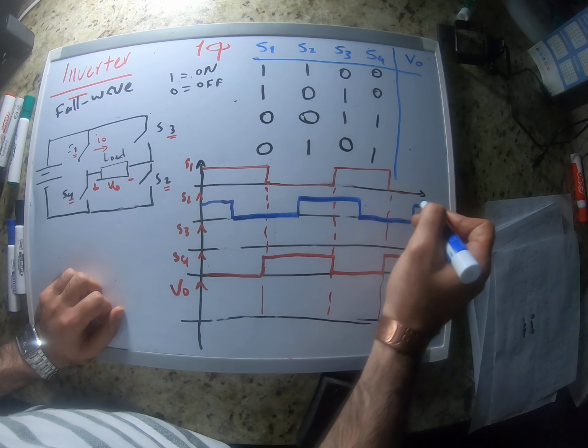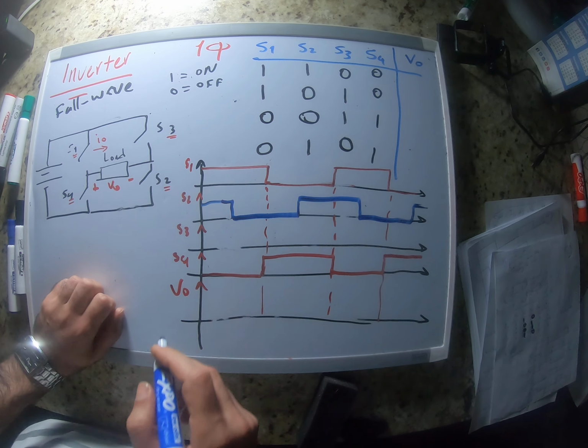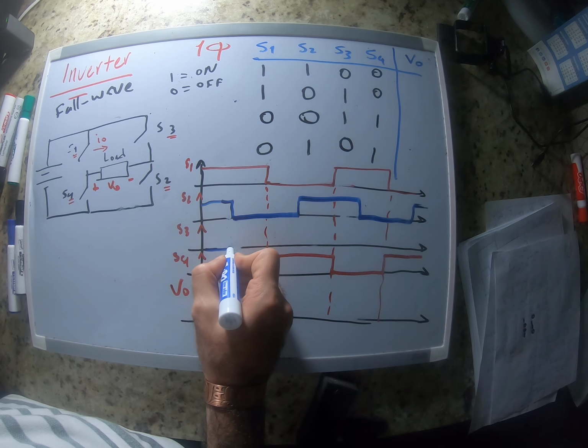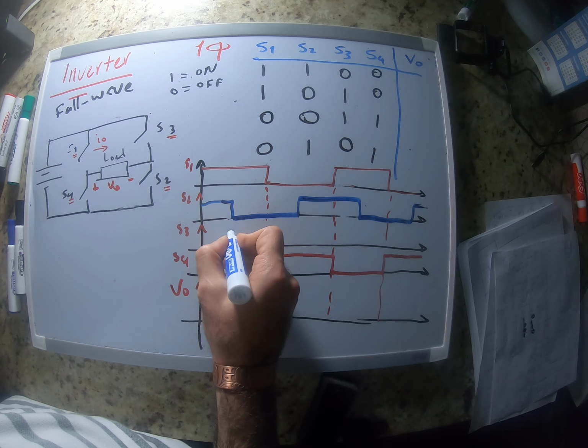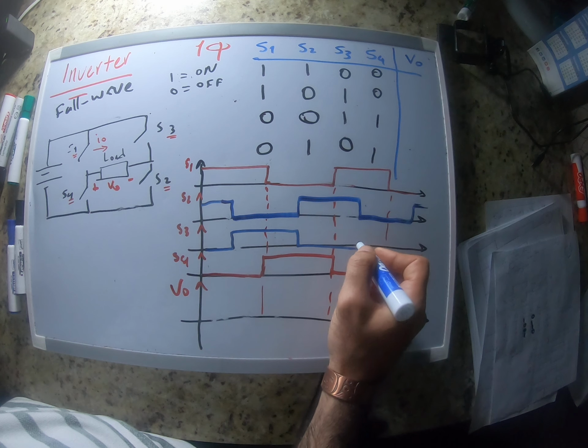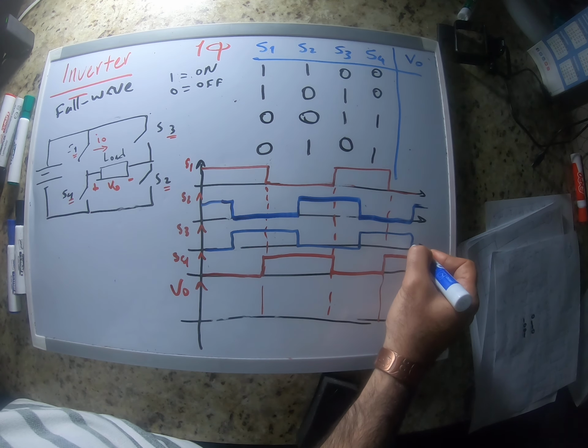And this is how we have S2, and S3 is going to be the opposite of that, right? So it's going to be off when S2 is on and on when S2 is off, and this would continue.